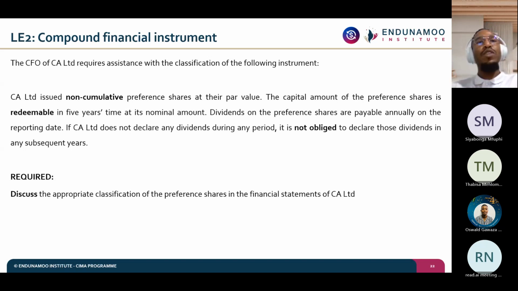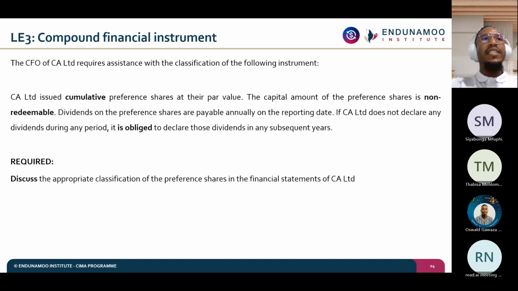So the preference shares would in fact be a financial liability on the date on which the contractual provisions are agreed or entered into between CA Limited and the holder of the preference shares. Okay.